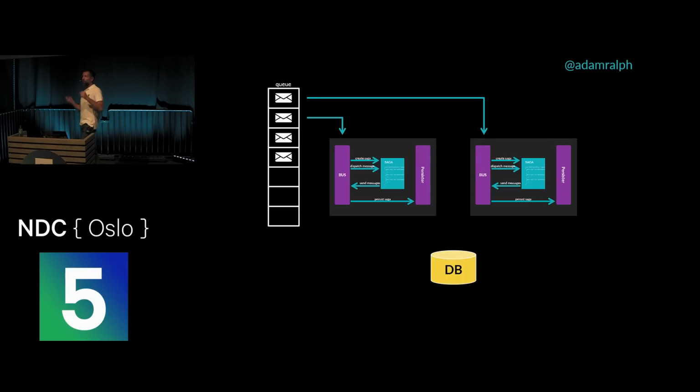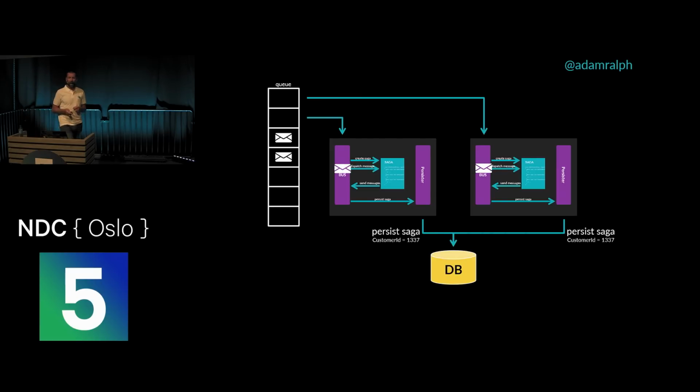But because they're trying to write the Saga state to the same row in the database, one of them is going to succeed. And importantly, its messages will be sent because NServiceBus guarantees that the messages are only sent from the handle method if the Saga state is persisted. So that line of code which says context.publish or context.send, we don't actually send the message at that point.